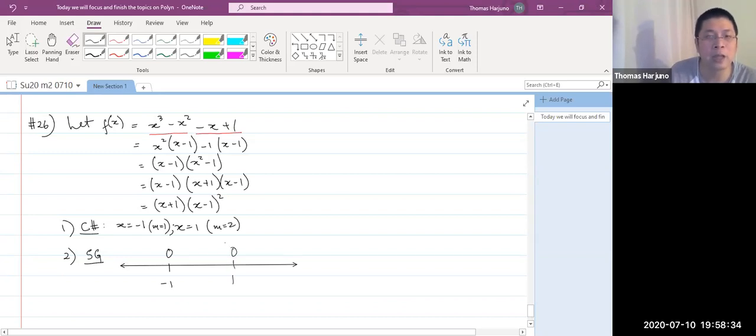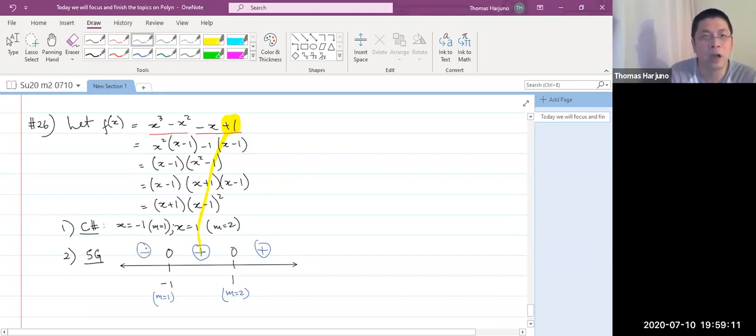Now the y-intercept of this polynomial is +1. So right away, I can use that to say that the sign here is positive. And because this is multiplicity of 2, which is even, there will be no sign change. You can try picking x equals 2, for example. You will see it's positive. And then for the factor here, because this is odd multiplicity, the sign changes.